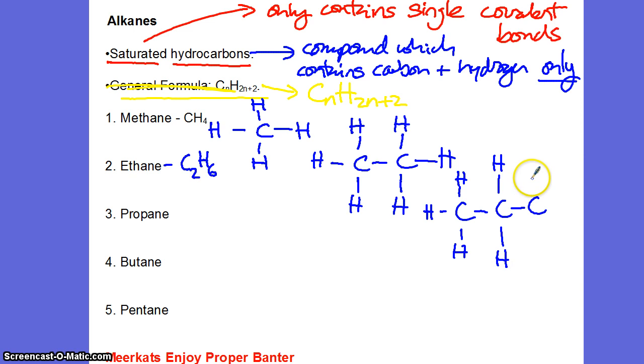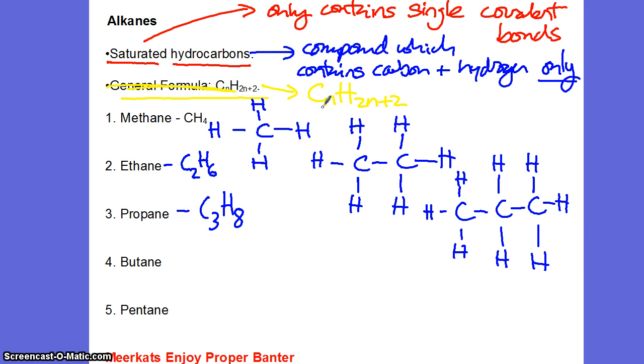And the carbon at the end, well, it's got 1 bond down here. Hydrogen, hydrogen, hydrogen. And if we count up 1, 2, 3 carbons, we then count up our hydrogens. Working our way round, we can see that propane is C3H8.